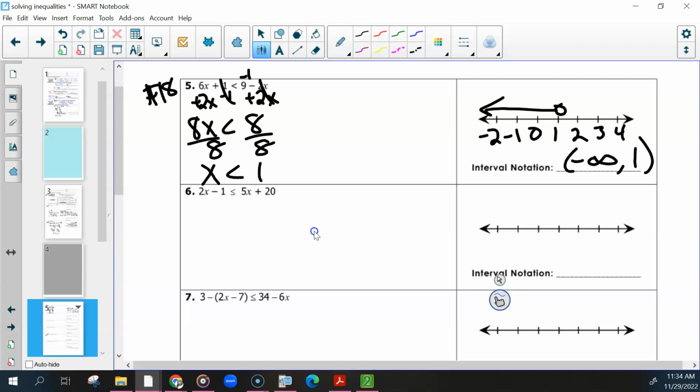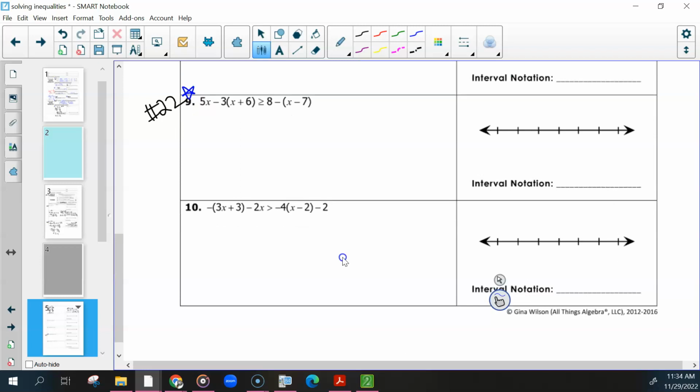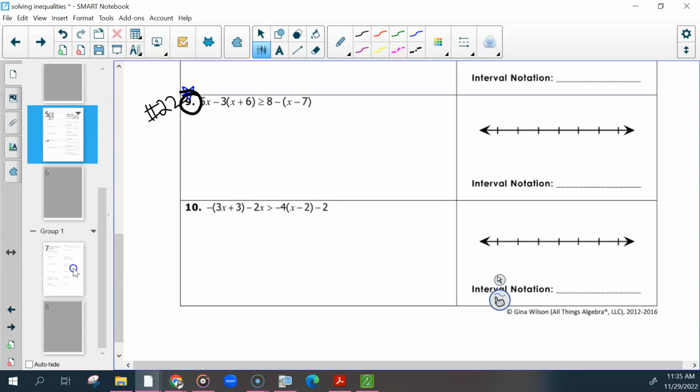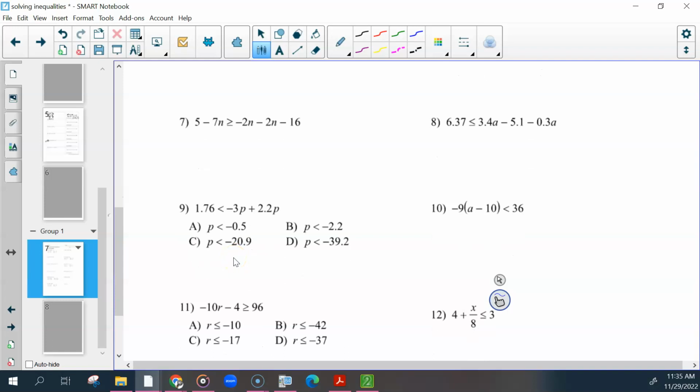Go to number 9 on that page. Mariah. On the back page. I'm just going to circle it so I remember to go back to it. Any others? 7 on this page or the other one?